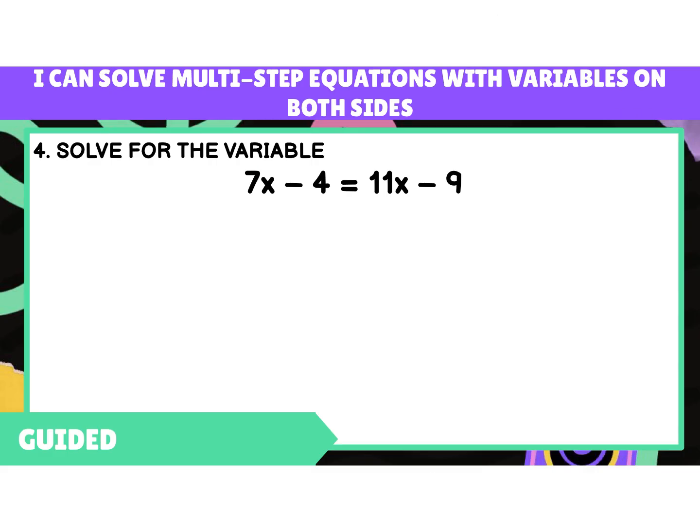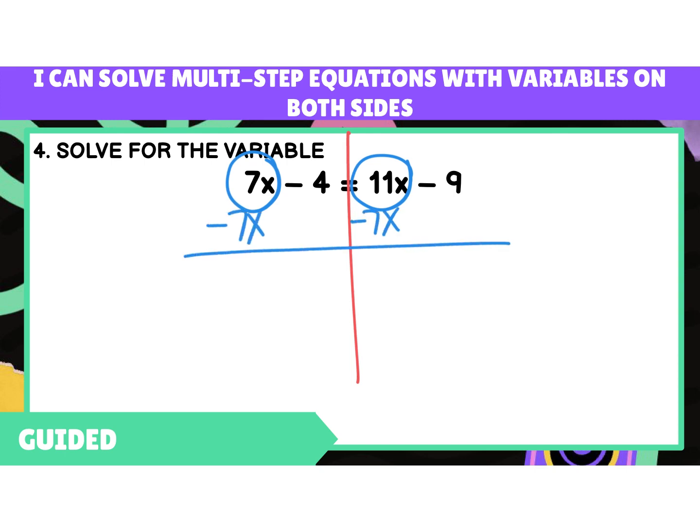All right, this one's easy. Try it on your own. I'm going to circle my x's. My opposite of 7x is smaller, so minus 7x and minus 7x. This side gives me 0. Again, I'm going to bring down my negative 4 equals 4x minus 9.